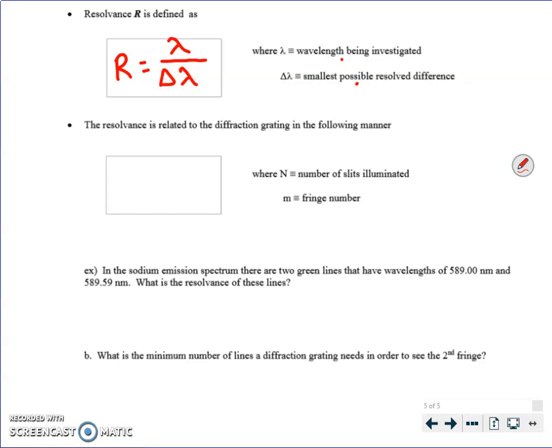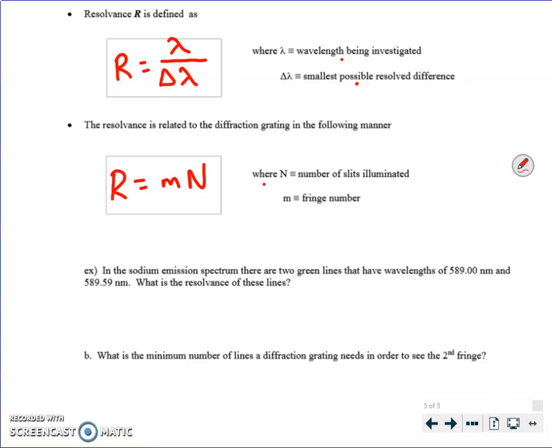Okay, so resolvance doesn't depend on lambda over delta lambda, just like resistance doesn't depend on voltage and current, which is its definition, but it depends on the diffraction grating. The diffraction grating puts a limit on that, and the relationship is a simple equation, R equals m times N. N is the number of slits illuminated.